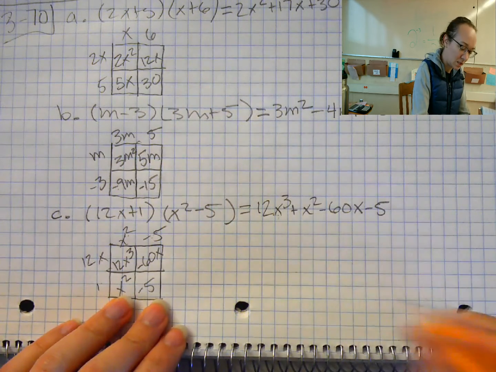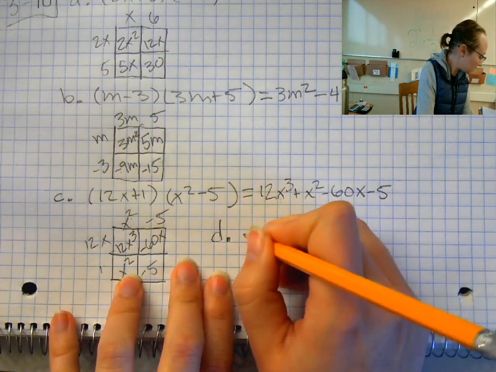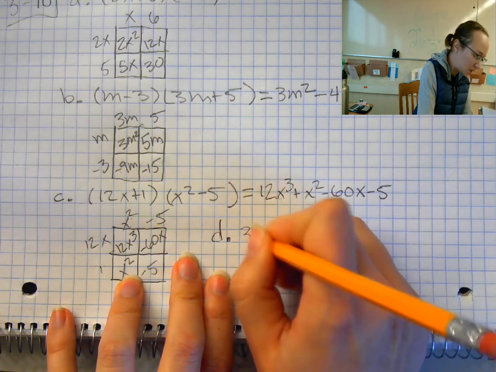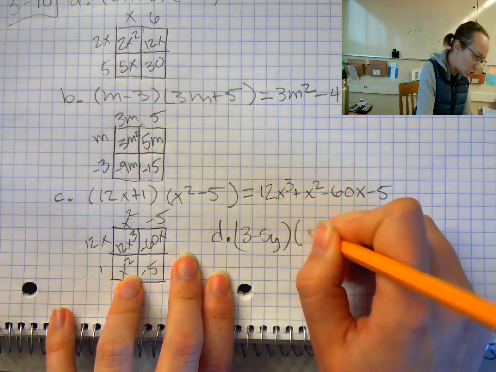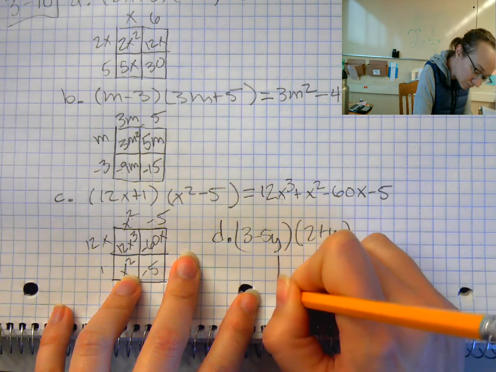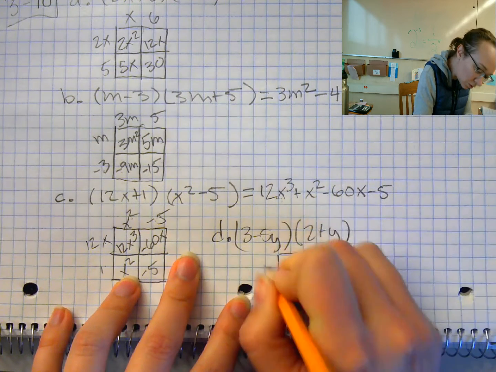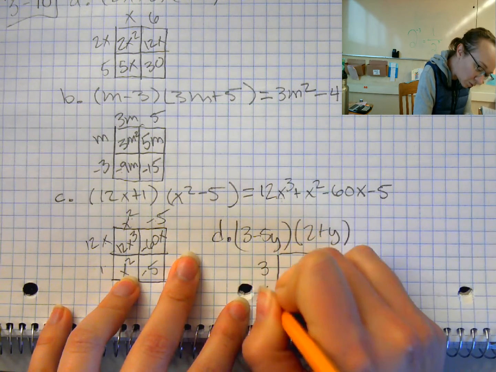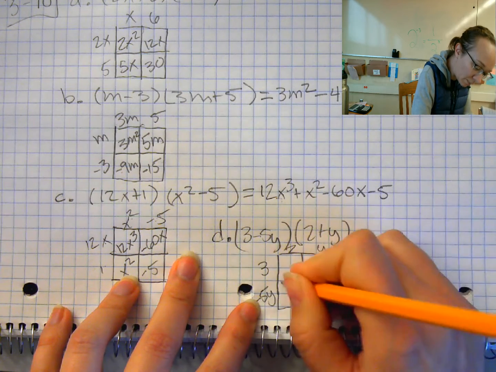And then D, I'm just going to squeeze it on the same spot here. We had 3 minus 5y times 2 plus y. So 3 and then negative 5y, 2 and y.